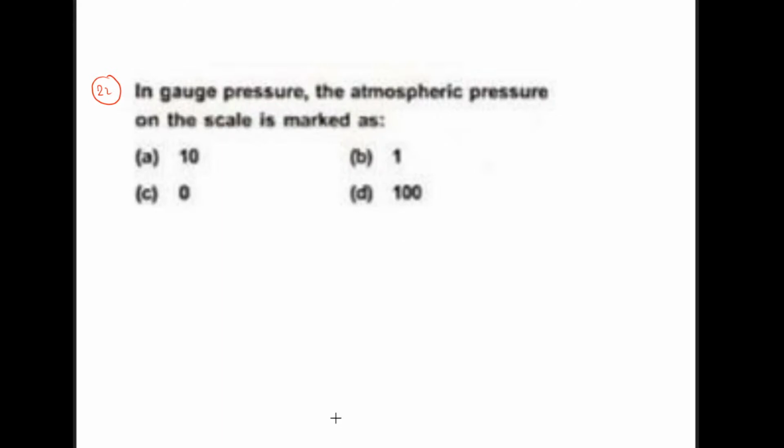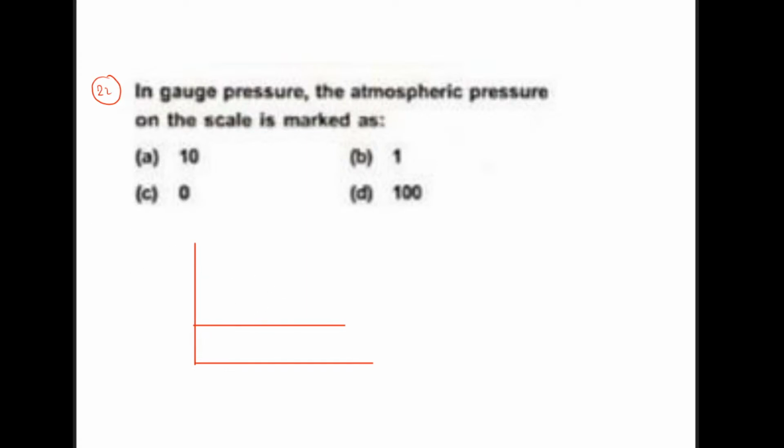Okay. So the next question is asking about gauge pressure: the atmospheric pressure on the scale is marked as what? The datum of gauge pressure is the atmospheric pressure only. If this is absolute zero, this is the PATM.